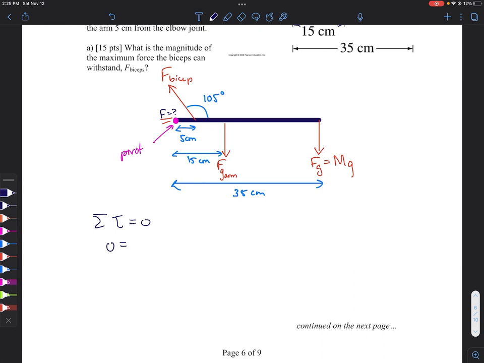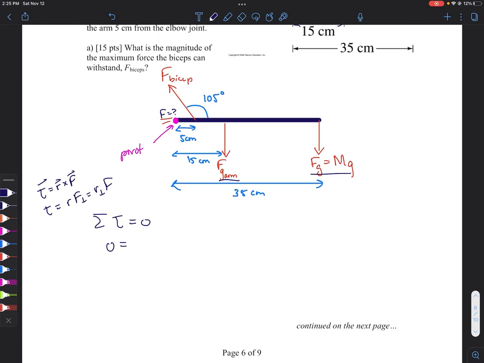So 0 equals, so now we need to figure out the torque from each force. So let's start with F_g arm. So we know that torque is r cross F, or the magnitude of the torque is r F perpendicular, or r perpendicular F. So F_g arm and F_g from the ball are both completely perpendicular to the lever arm.